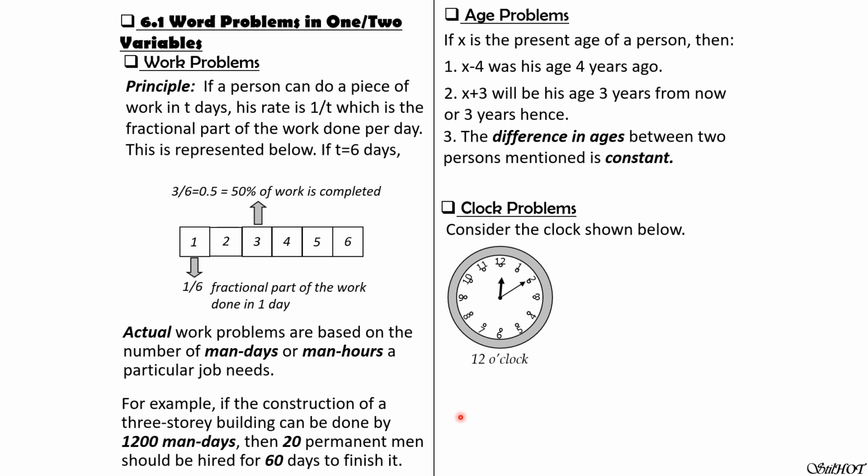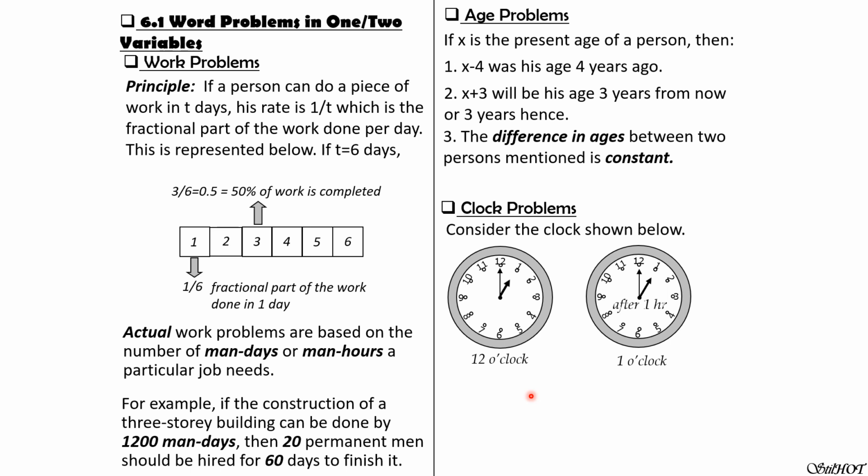1/12 of a revolution. And we use that concept or idea to relate the speeds or the corresponding number of minutes that the hour hand travels in terms of the movement of the minute hand. So after 1 hour, that would be the position of the hands of the clock. So that will now be 1 o'clock.